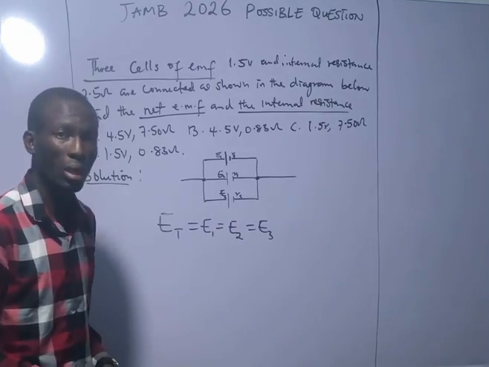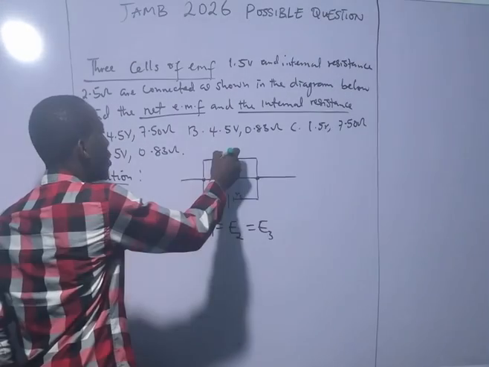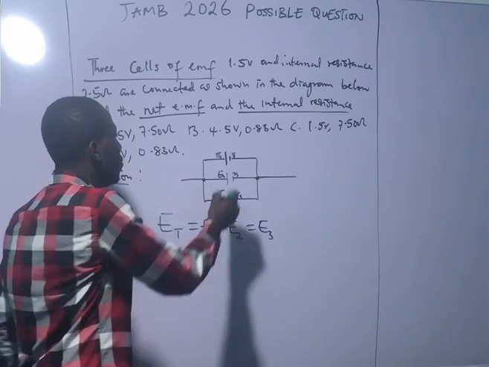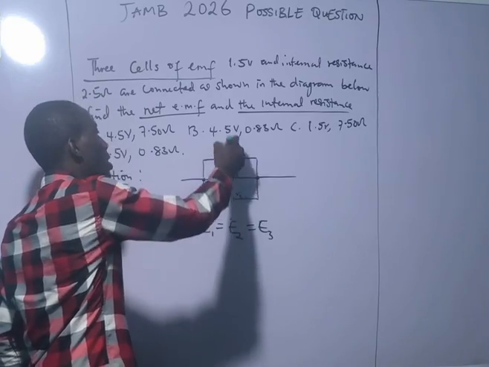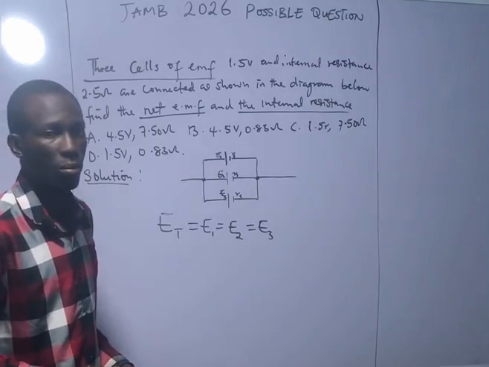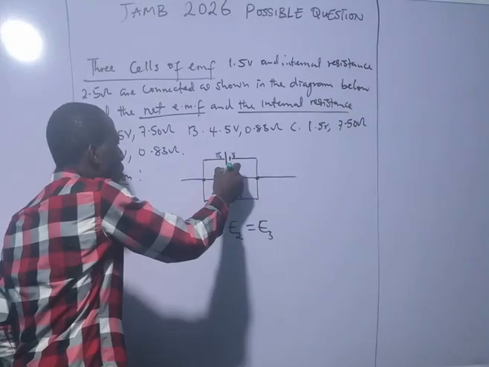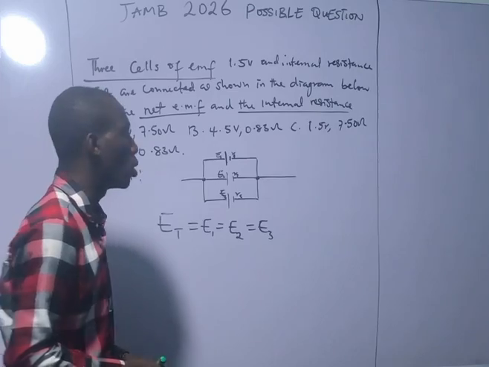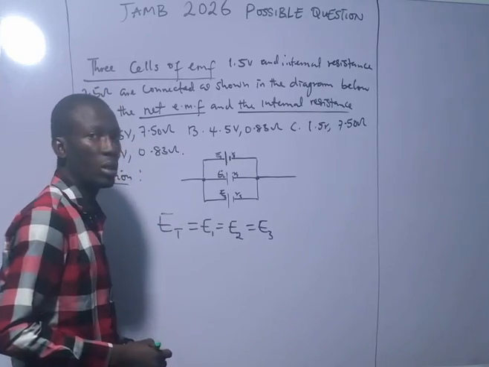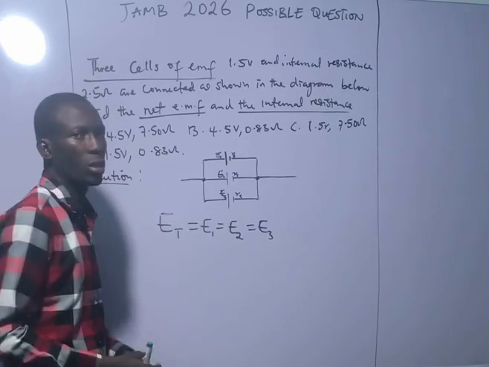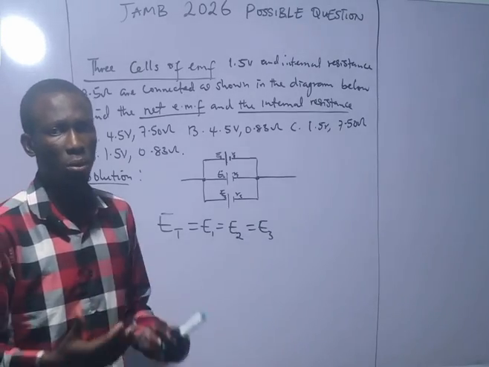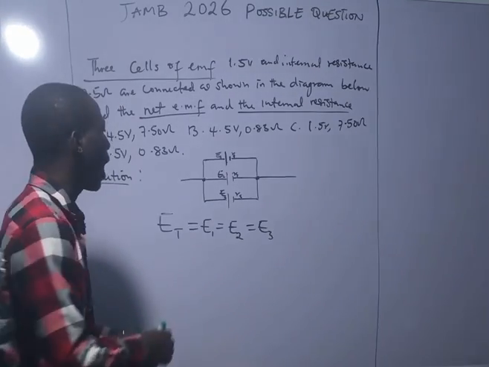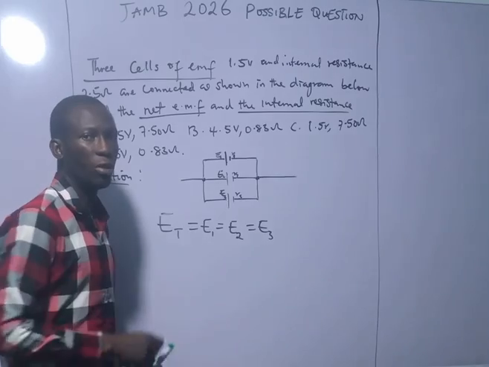The third cell. That means that if the first cell is 2, the value of the second cell will be equivalent to the first cell. And if the second cell is 2, the value of the third cell will be equivalent to the second cell. That means that in parallel connection, the voltage, the potential difference, have equal value.